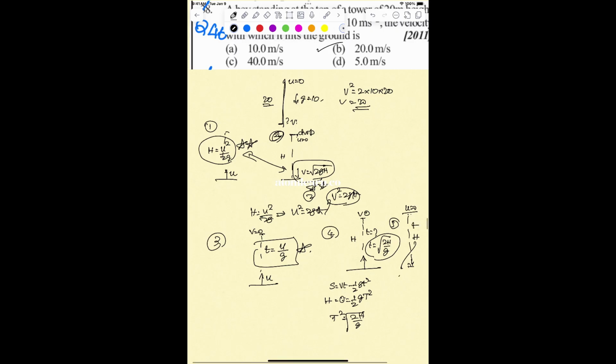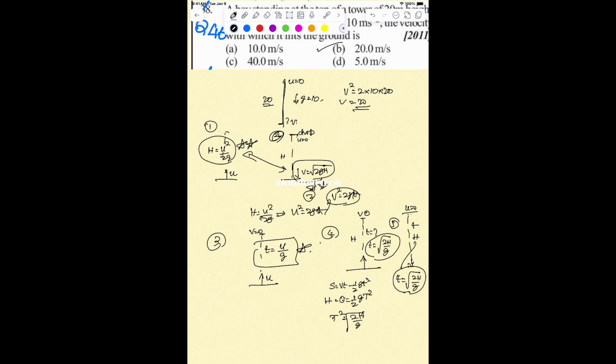The fifth also is nothing but the time taken to fall to reach the ground, given by root of 2h by g. Because the same value, this u equal to 0, makes it equal to half gt squared is equal to h. Therefore, t becomes this.